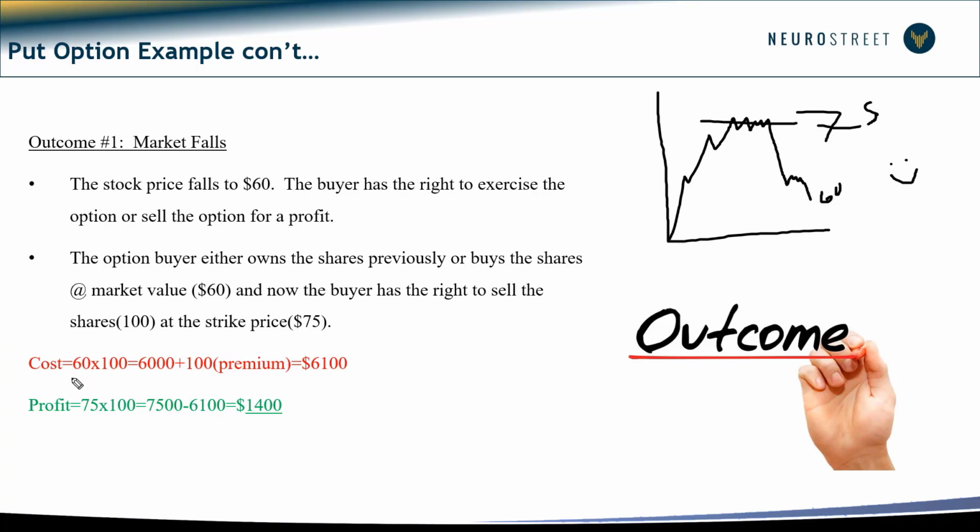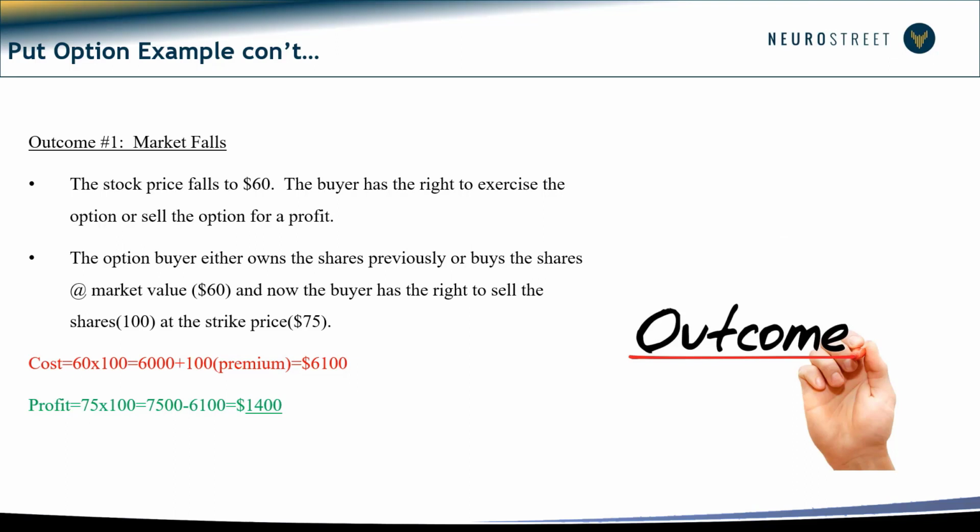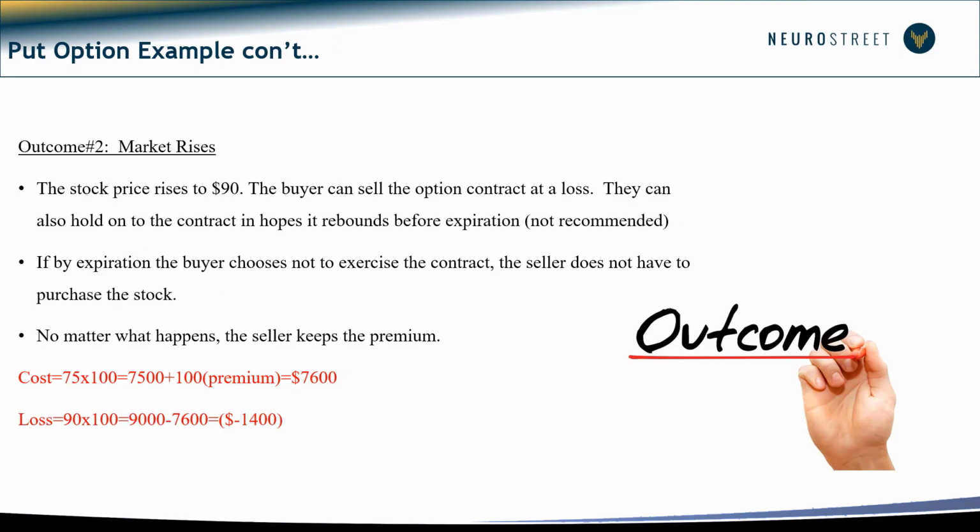So the cost is $60 times 100 equals 6,000 plus the premium, okay? Profit, 75 times 100, you can do the math, okay? So the purpose of this was you took advantage of a directional play using an option as an alternative to the stock.